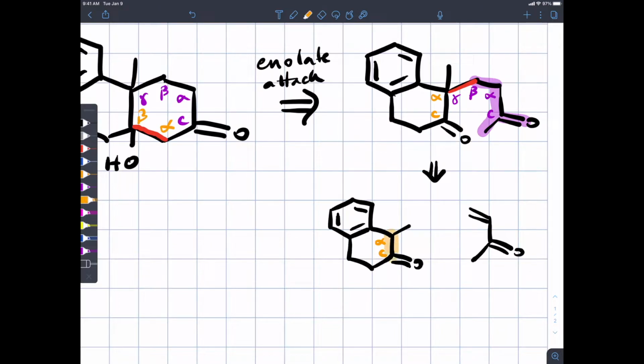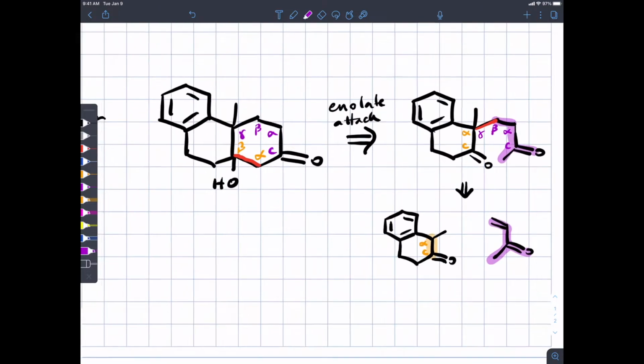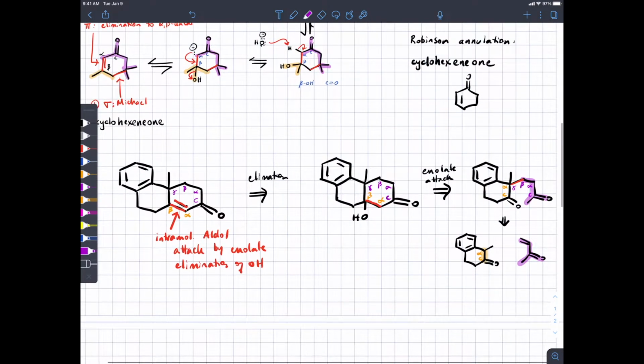This was our carbonyl compound that did the attacking, and this was our alpha-beta unsaturated carbonyl compound that was attacked. So we have broken the product, which looked pretty complicated, into simpler starting materials.